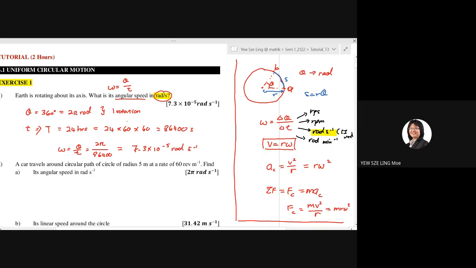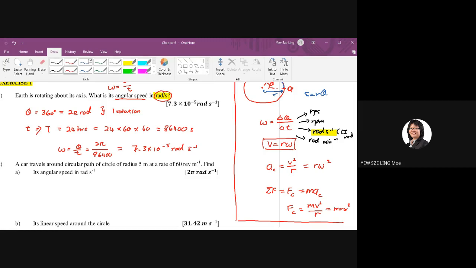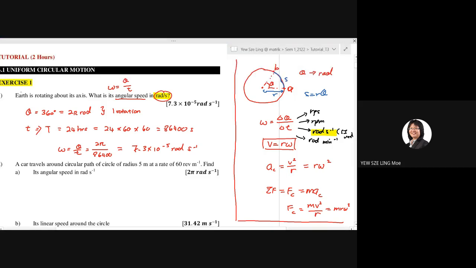So even though there's no information given in the question, we can solve it based on our general knowledge, our common sense. Because now we have the object, which is the Earth. Earth takes 24 hours to rotate once. That is what we have been learning since primary school.